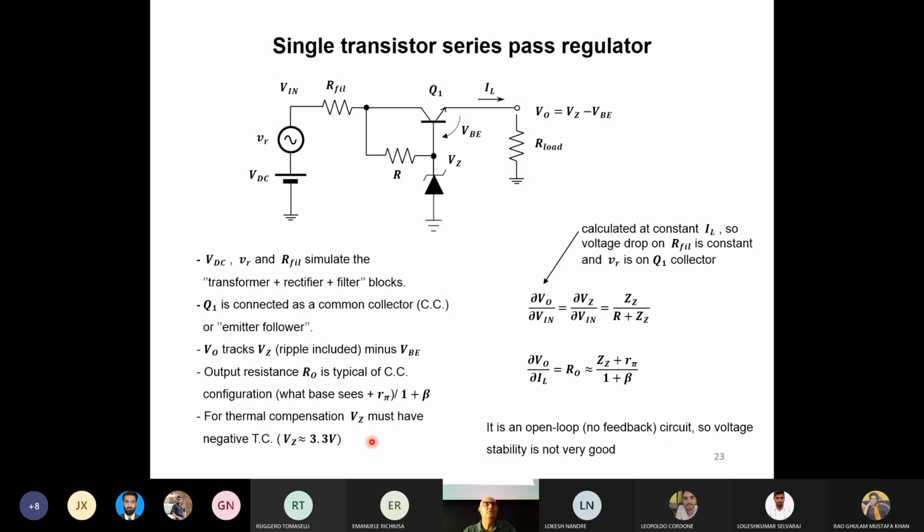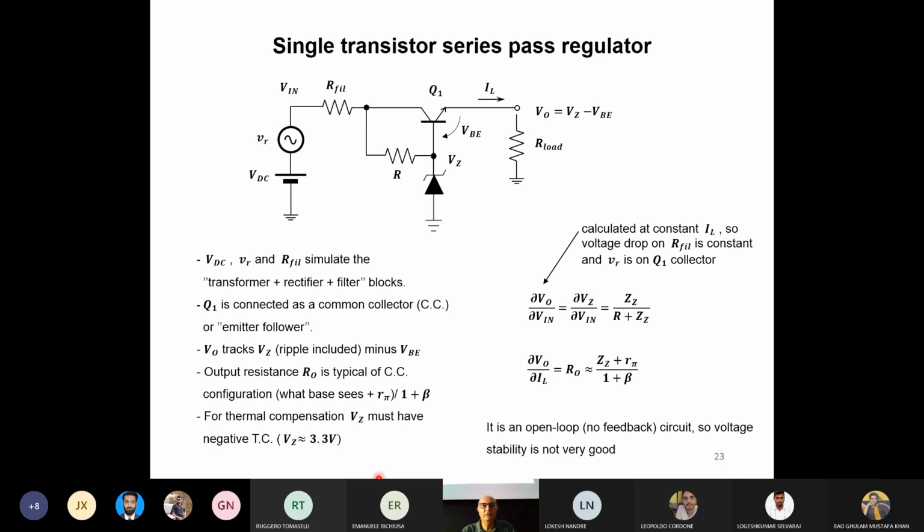What about the thermal compensation for this circuit? Well, the formula is this. The output is Vz minus Vb. We know that if we increase the temperature, the Vb will decrease by minus 2.2 millivolts per degree Celsius. If we want the difference to remain constant, we must choose a Zener diode with a negative thermal coefficient of minus 2.2 as well. So both terms will decrease with temperature and the difference remains constant.